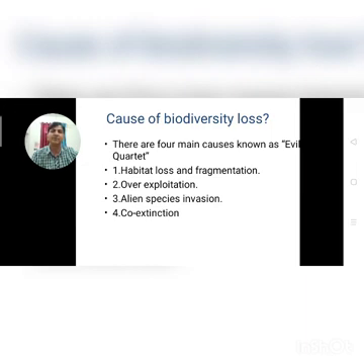You can say HIPPO: habitat loss, invasive species, population, pollution, and overexploitation. Or you can also say there are four major causes, which we generally call the evil quartet: habitat loss and fragmentation, overexploitation, alien species invasion, and co-extinction.